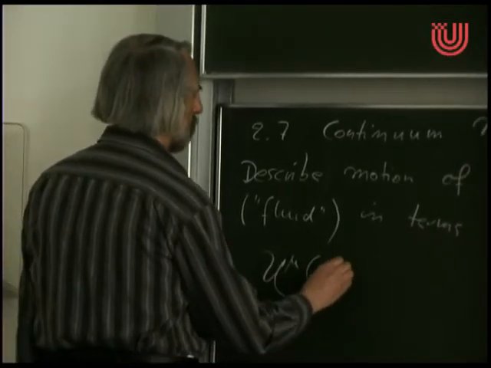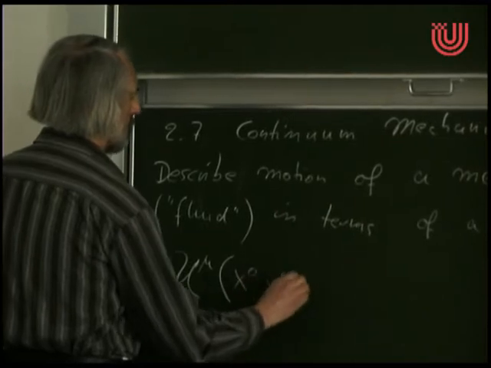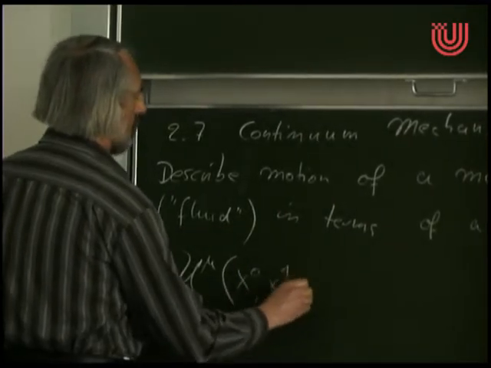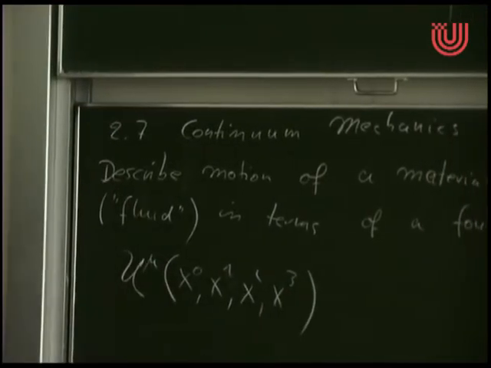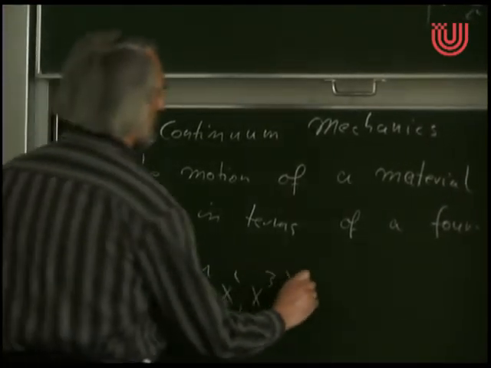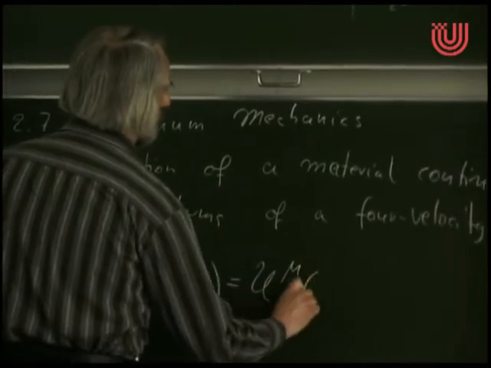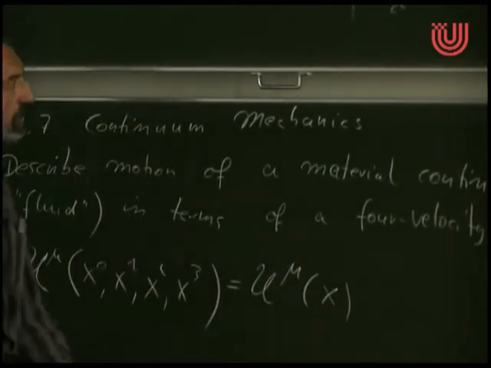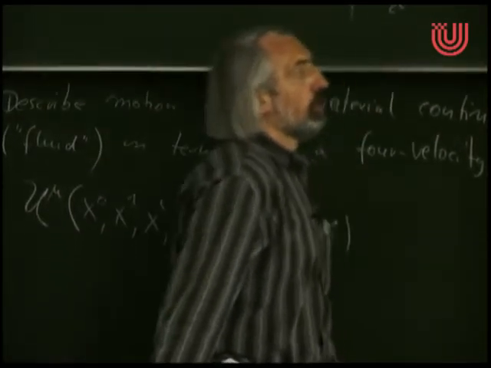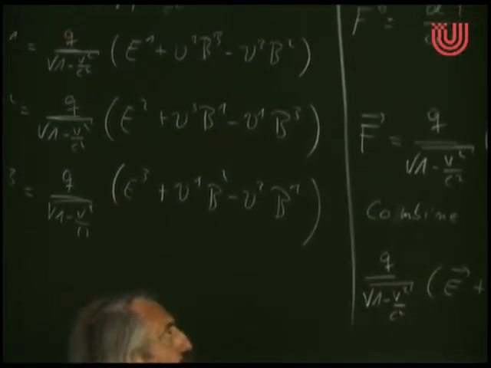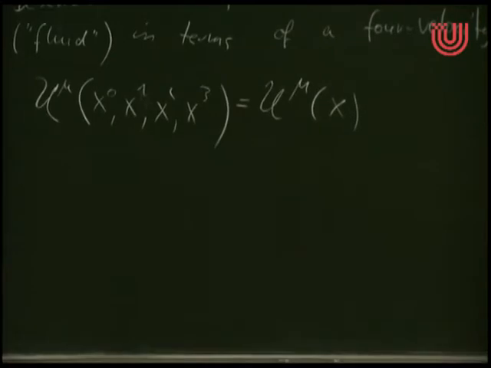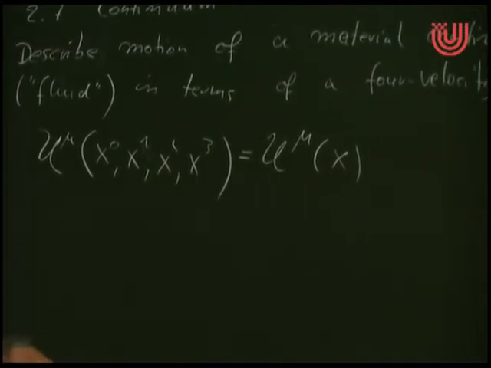It will depend on all four coordinates, x0, x1, x2, x3. And because it is a little bit long, I will in the following just write U^μ(x). If I write the argument x, I mean all four coordinates. So this is an object which describes the motion of a fluid.